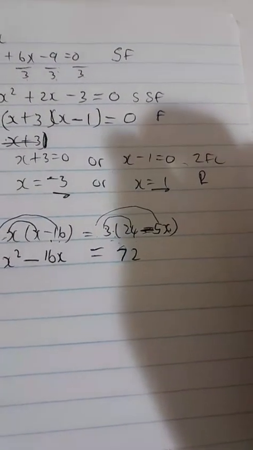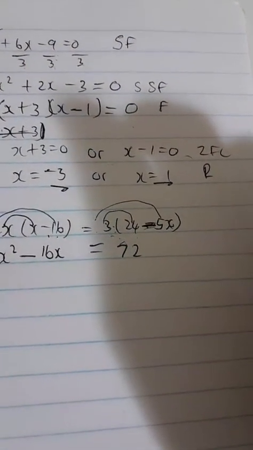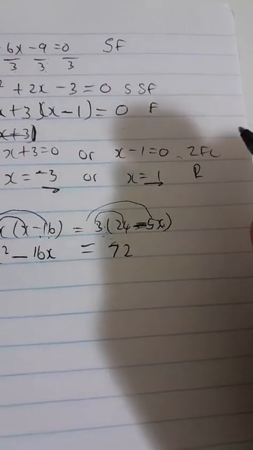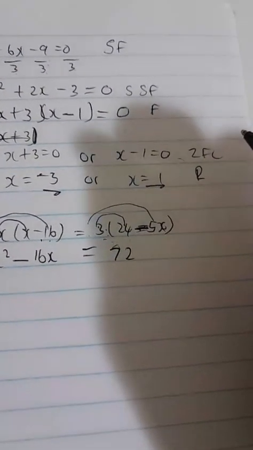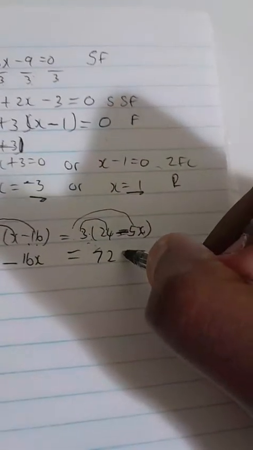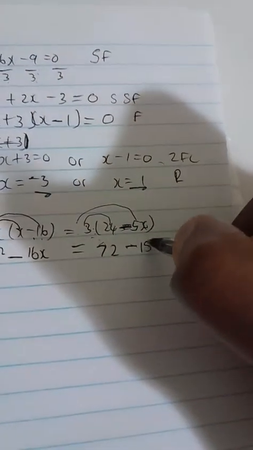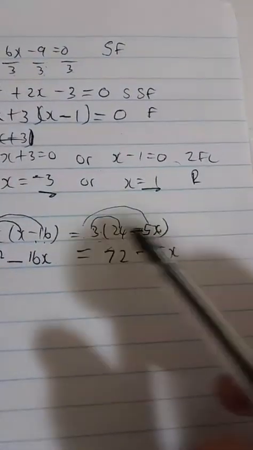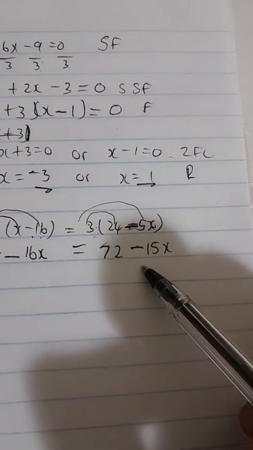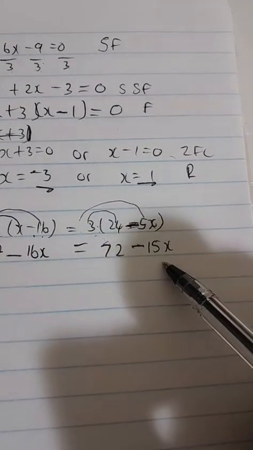Thank you. Negative, please people, not 15x, negative 15x. Very important, that sign. Positive times a negative is negative. 3 times 5 is 15, and then the x, so it's negative 15x.